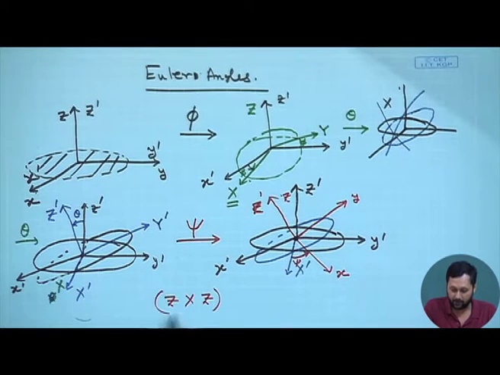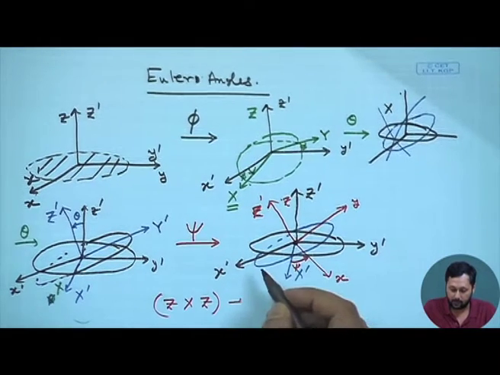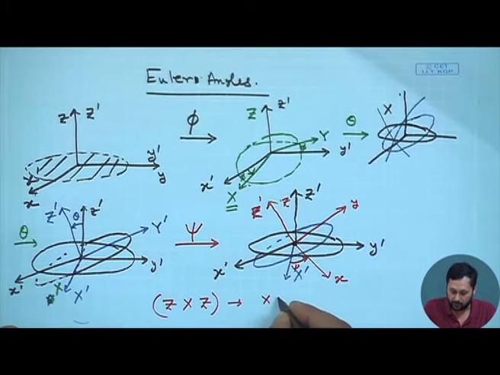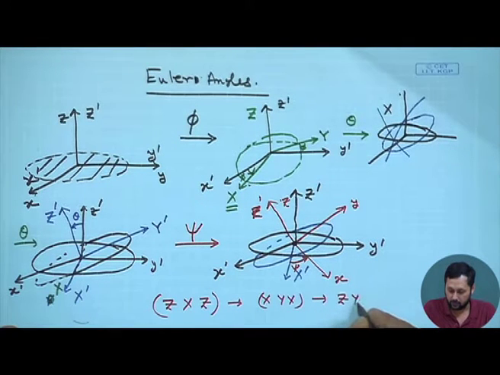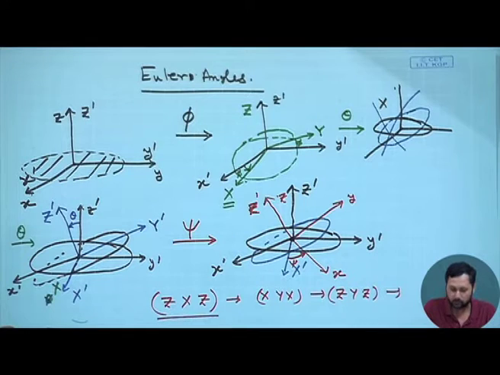It's called z x z because the first rotation is around z, the second is around x, and the third is once again around z. Likewise we can have x y x, we can have z y z. All these are possible combinations we can have, but for our discussion we will just stick to this.